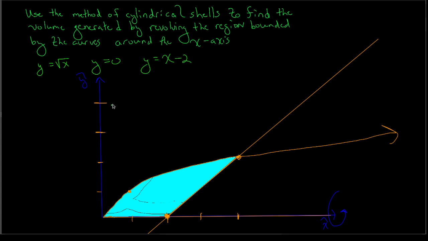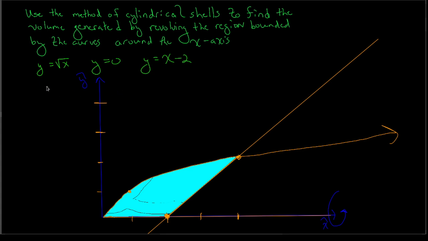So I want to use the cylindrical shell method, and the cylindrical shell method needs me to have my shells going around where I rotate, which means I'm going to be integrating in y. So that means I'm going to need to rewrite these functions in terms of y being the independent variable.